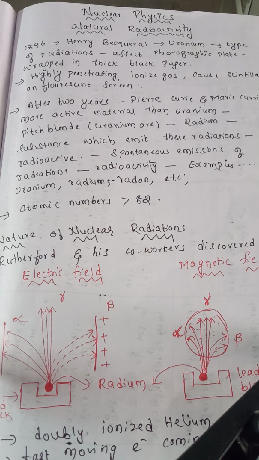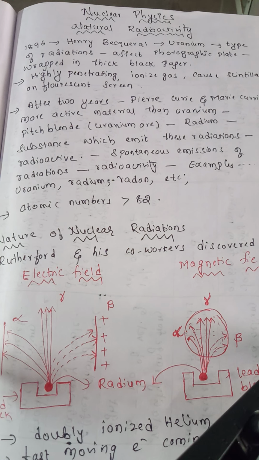Those radiations can affect a photographic plate, right? These radiations which are emitted from the uranium are alpha, beta, gamma radiations. These radiations are highly penetrating. They ionize the gas. They cause scintillations on a fluorescent screen.